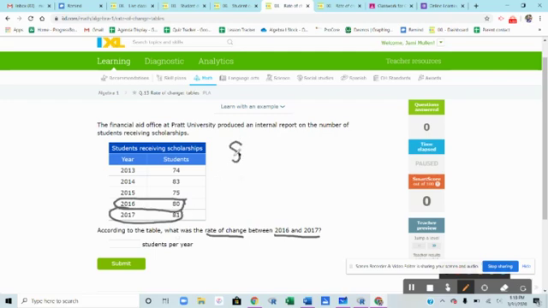So we're going to take 81 minus the smaller x value, which is not necessarily the smaller y value. So our smaller year and then our larger year and then our smaller year. So 81 minus 80. And then on the bottom, well, how many years difference is there between 2016 and 2017?